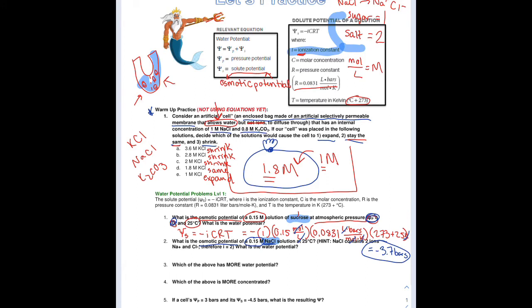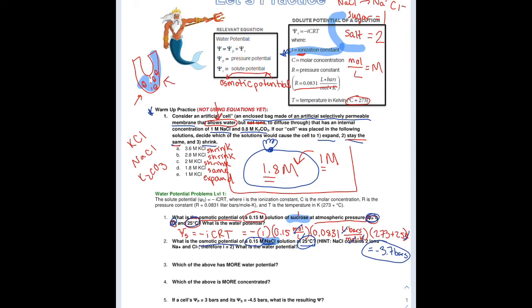Well, looking up here at our ionization constant, a salt is going to have an ionization constant of 2, whereas our sugar has an ionization constant of 1. Everything else is the same, 25 degrees Celsius, except we're now looking at sodium chloride instead of sucrose.